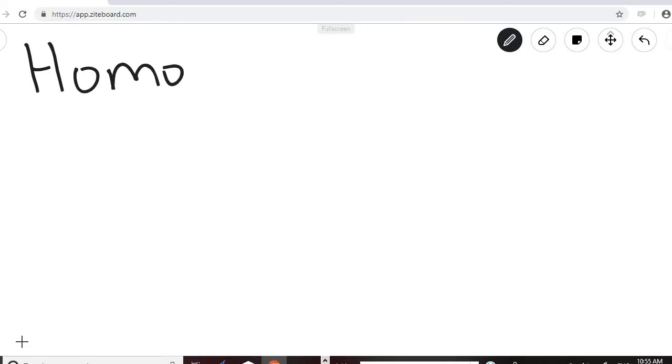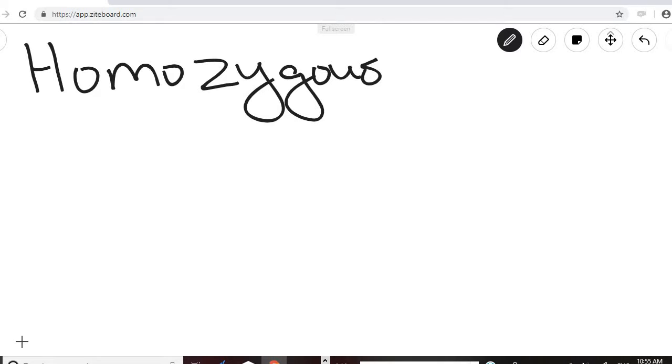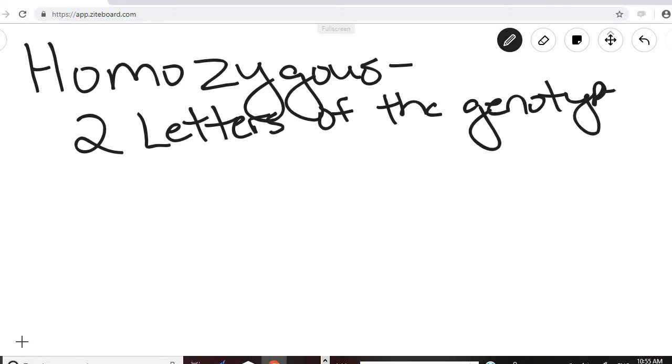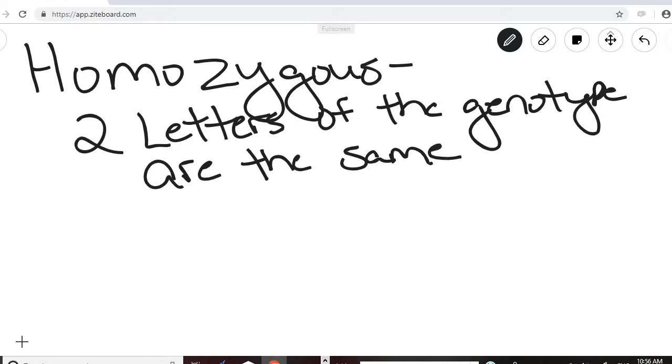So homozygous means that the two letters of the genotype are the same. So this would be like TT. The two letters are the same, or tt.